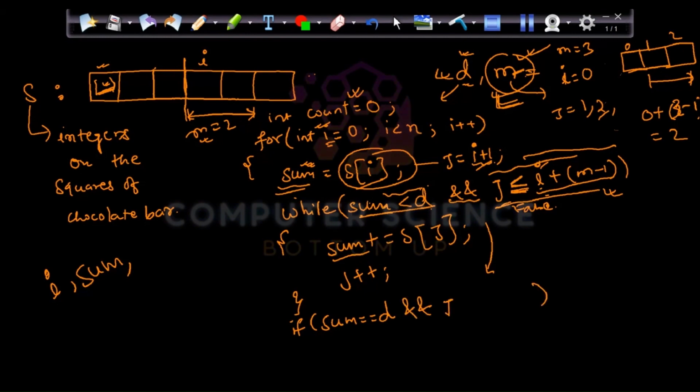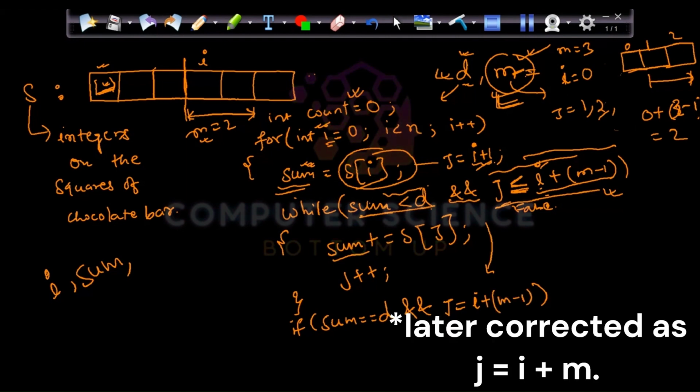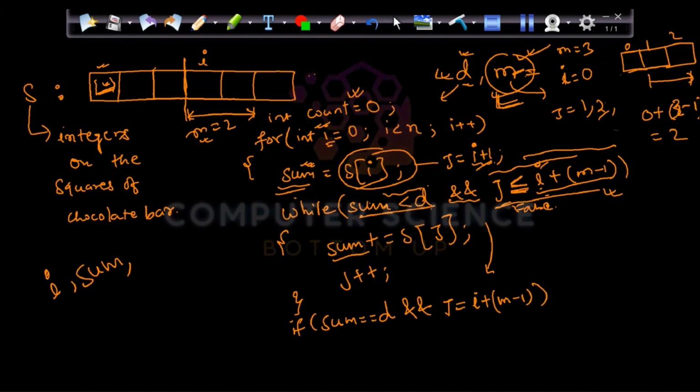I will only increase my count when the number of consecutive squares is equal to m and the sum is equal to the birth date. In that scenario only I am going to increment my count.